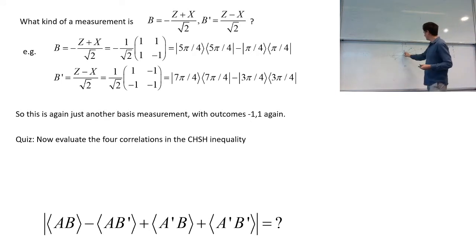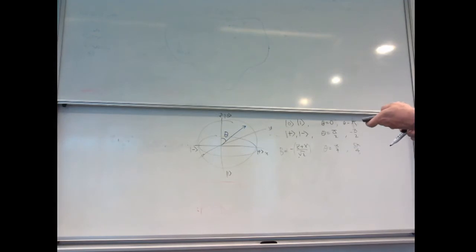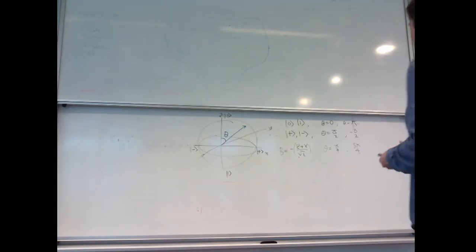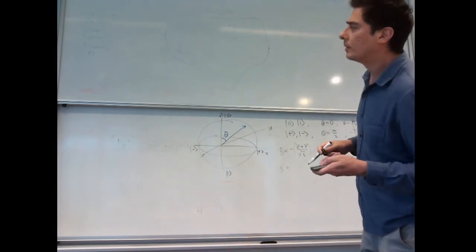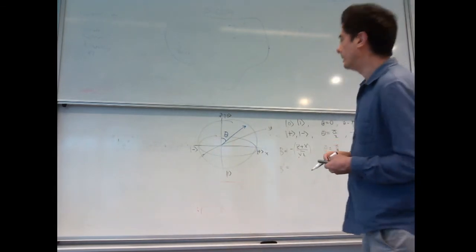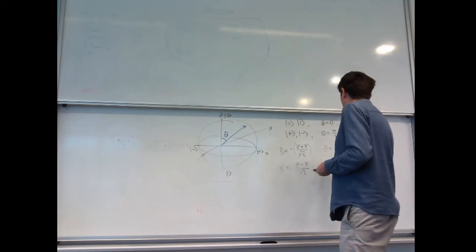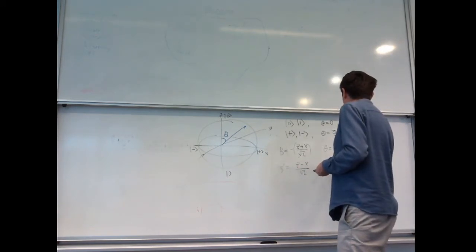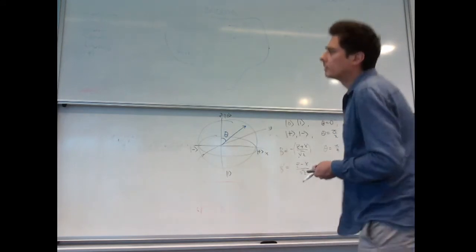So it'll be like this one, or the one pointing in the reverse direction. So this is pi over 4, this is 5 pi over 4. And here, the other B one, I'm calling B dash, which was Z minus X. So this is 3 pi over 4 and 7 pi over 4. Right? Yeah.